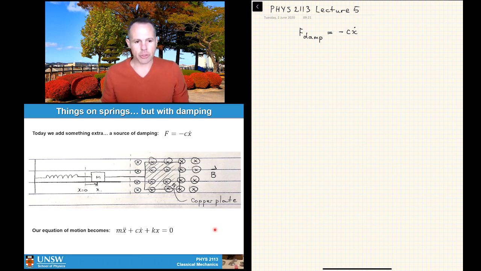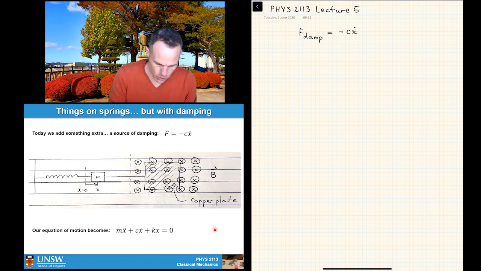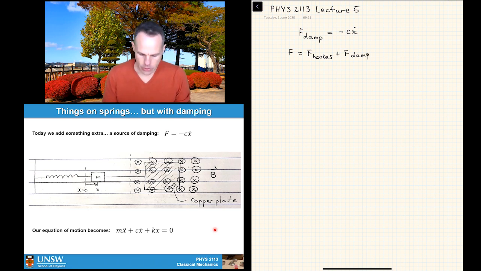I did the Lagrangian approach yesterday. It was a little bit more work. For these really simple problems, we're better off taking a Newtonian approach, so I'm just going to do that straight up today. If we take a Newtonian approach, our total force has two components: a Hooke's law force and a damping force. And those are equal to mass times acceleration via Newton's second law.